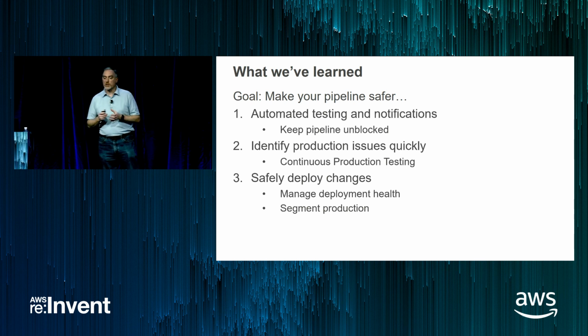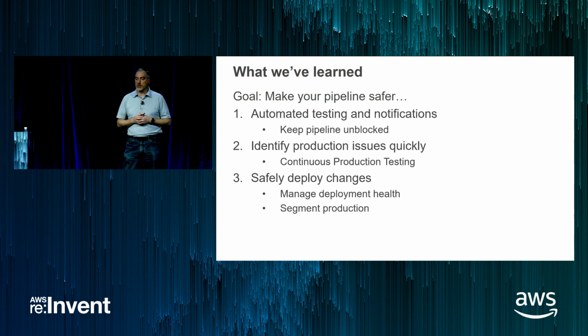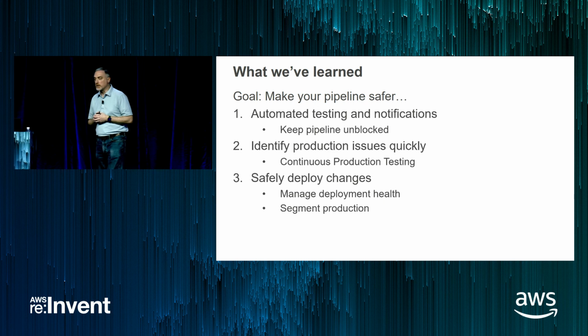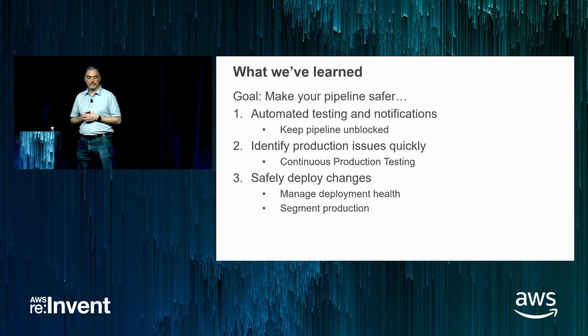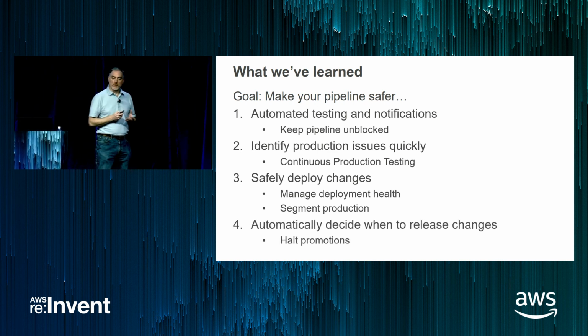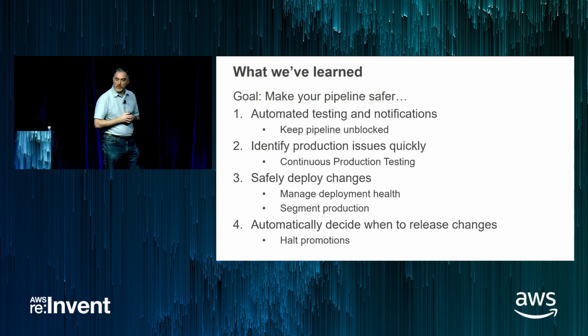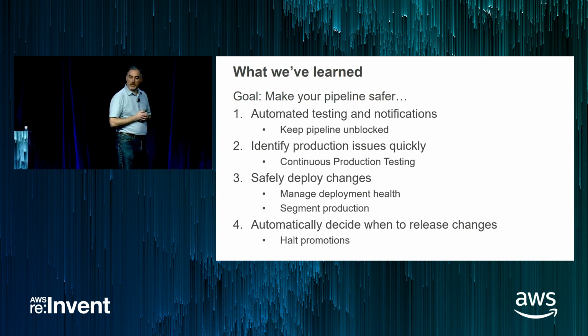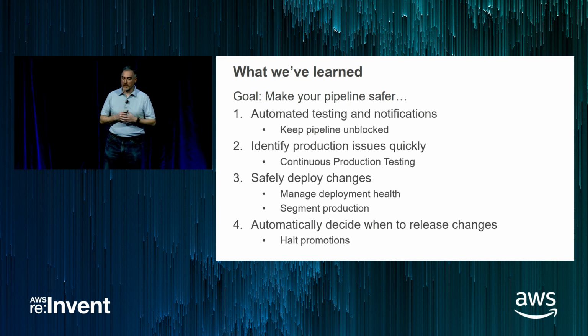We also learned how to partition production by building Canary Deployments and zonal deployments. And then we wrapped up with the technique to manage our pipeline by automatically halting deployment to production by disabling our stage transitions.